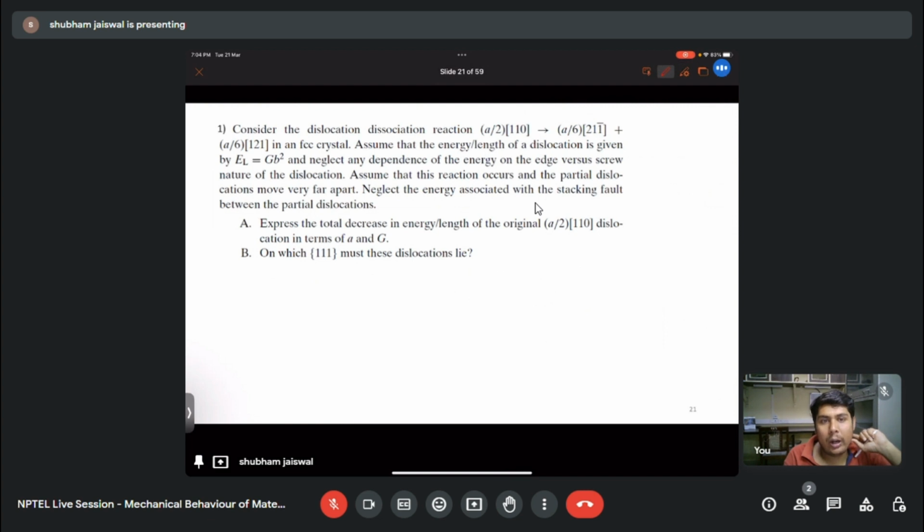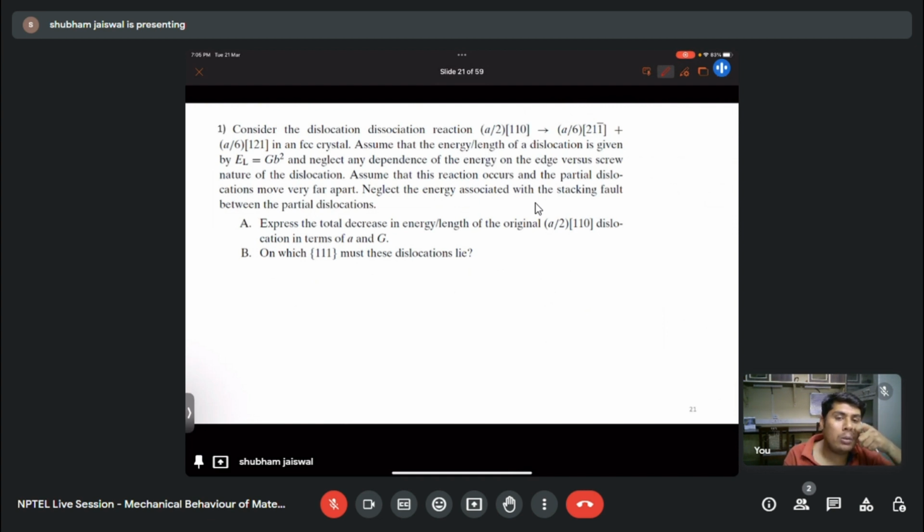Assume the energy per unit length of a dislocation is EL equal to Gb square. Neglect any dependence of the energy on the edge versus screw nature, so either it will be edge or screw, just assume the energy to be EL equal to Gb square. Assume that this reaction occurs and the partial dislocations move very far apart. Neglect the energy associated with the stacking fault between the partial dislocations.